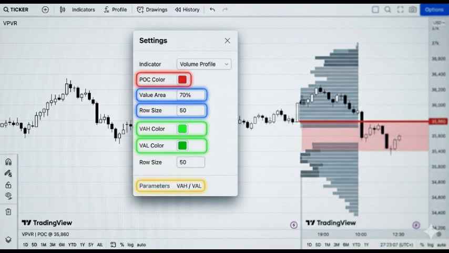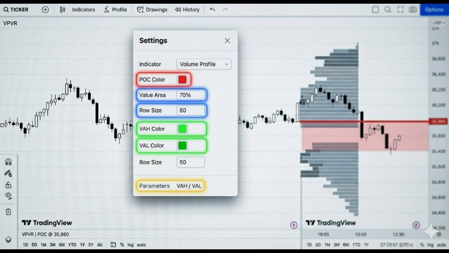You can say, here I'm using a clean white chart so the audience can clearly see the volume profile structure. Then show value area percentage, POC visibility, VAH and VAL visibility, profile color adjustments, session or range selection.